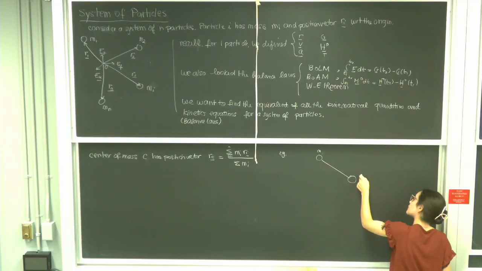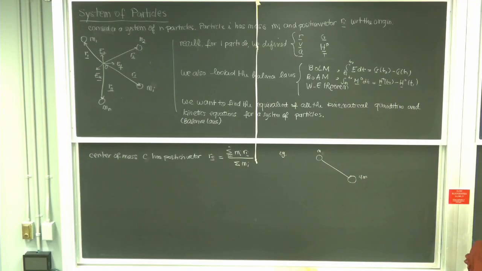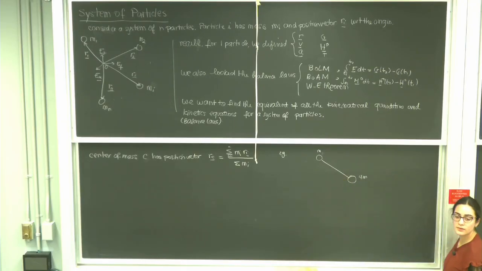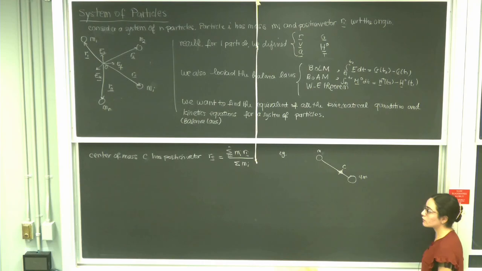Where do you think the location of the center of mass of the dumbbell is going to be? Is it going to be somewhere outside? Is it going to be somewhere on the dumbbell? Yeah, somewhere on the dumbbell closer to 4m. So this is our point C, the position vector of the center of mass.